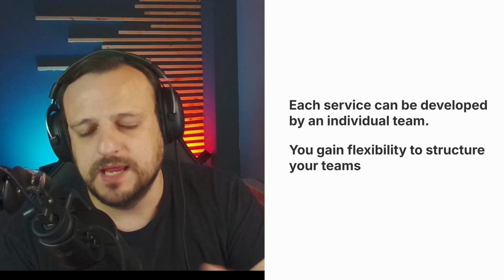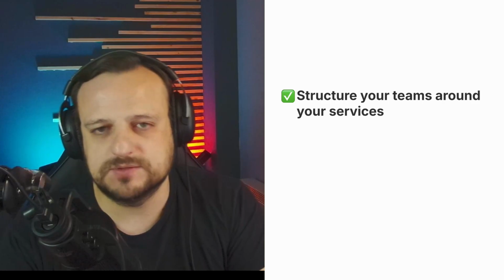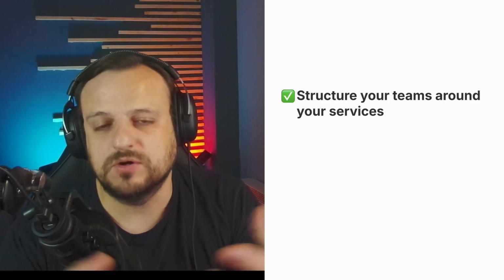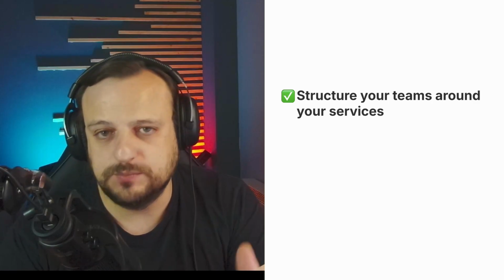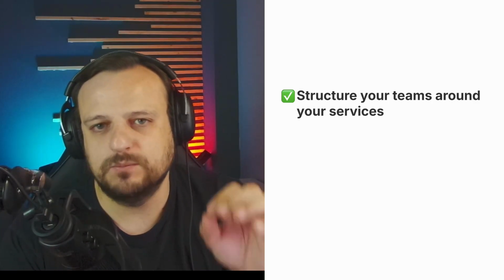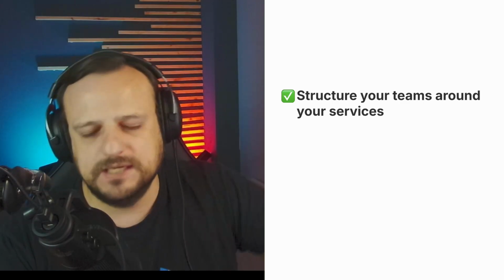Now, instead of doing that, what you could do, given the flexibility that microservices give you, is to structure your teams around your microservices and have these teams be cross-functional, meaning that for each team working on a single or multiple microservices, you will have someone from UI/UX, someone from front-end, someone from back-end, someone from database, and so on.